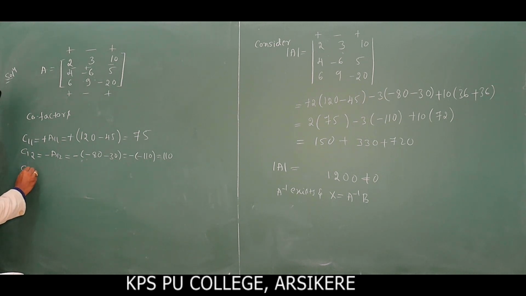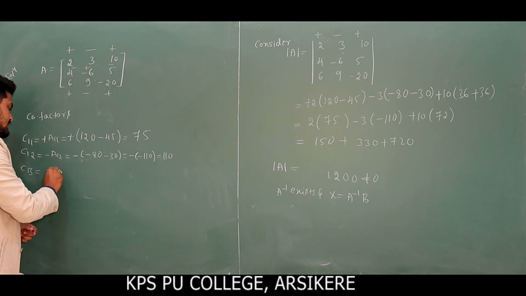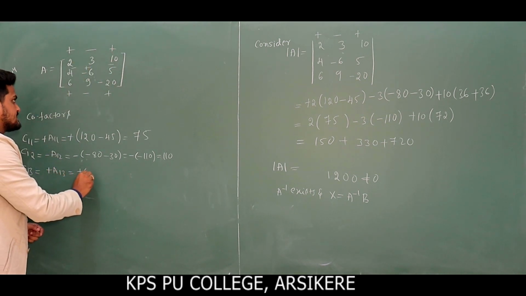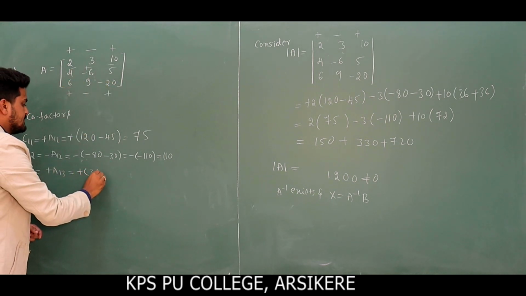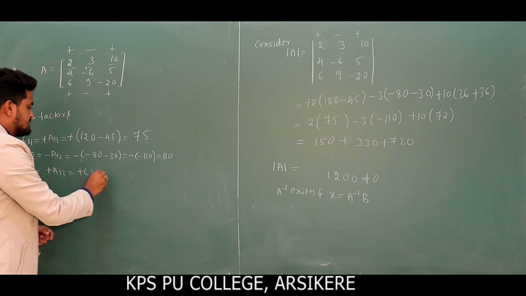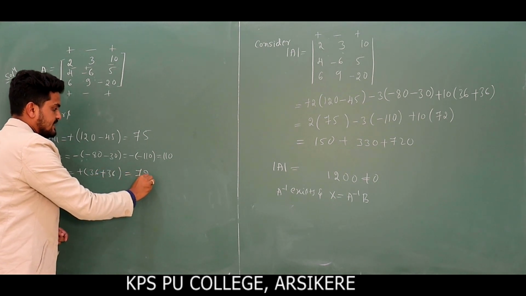Next C13. See the sign, plus, eliminating the first row and third column. 9 4s are 36, minus into minus is plus 36, which is equal to 72.